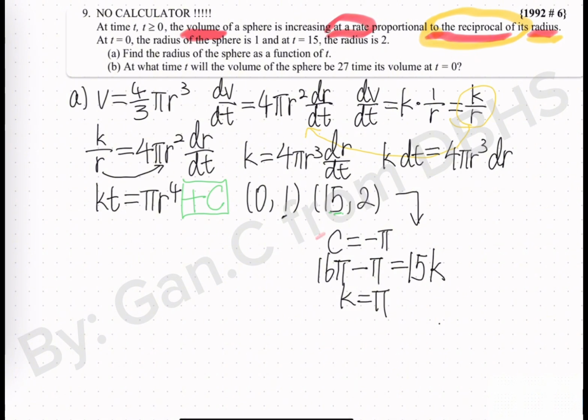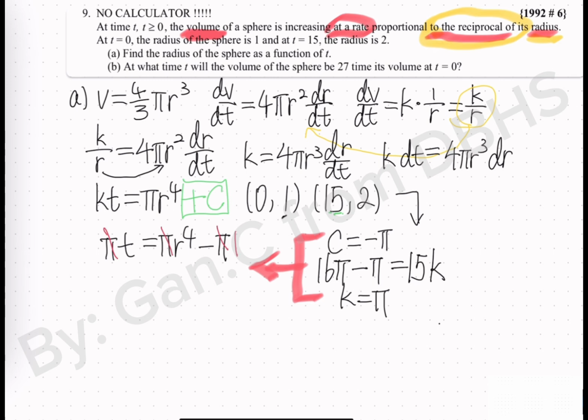Above all, what can we get further? When we plug k and c back in, we can get pi t equals pi r to the fourth minus pi. What do you discover in this equation? There's a t, but there's a disgusting pi in it. Do you like it? I don't like it, so let's cancel them. This changes to 1.